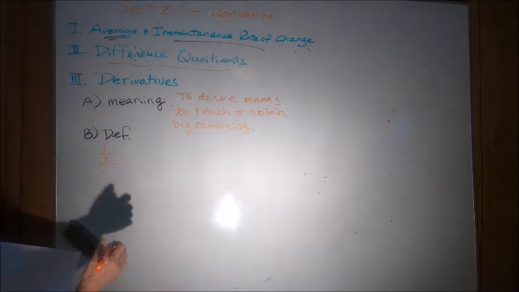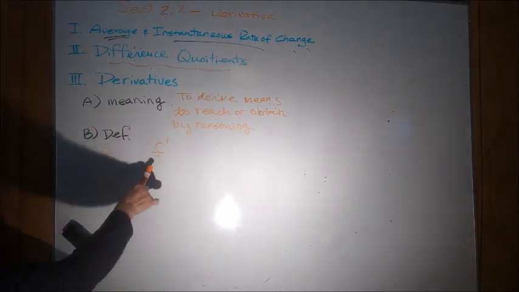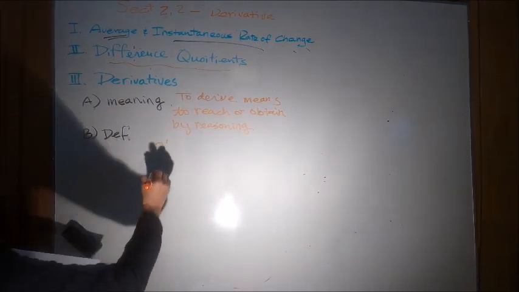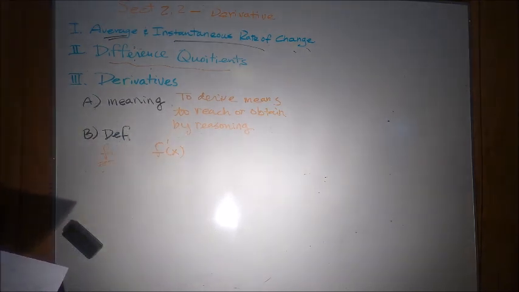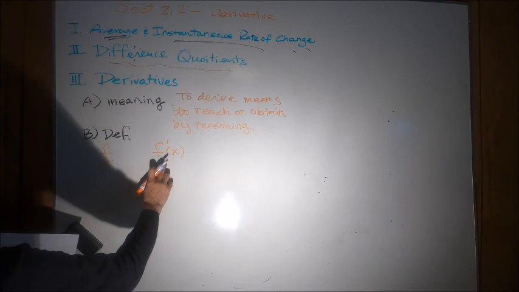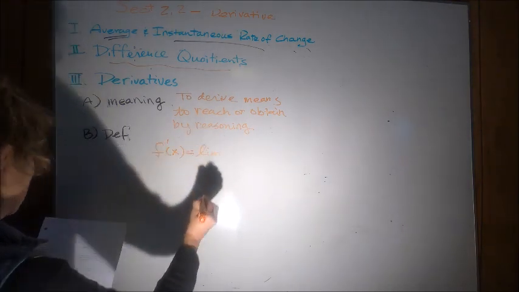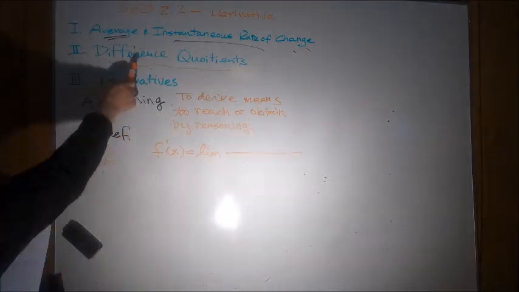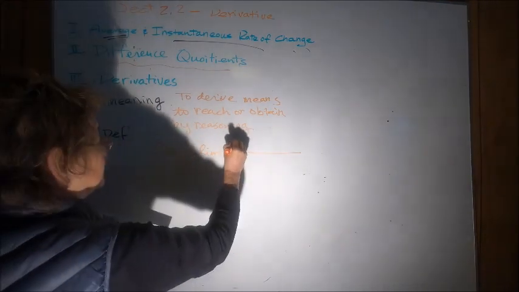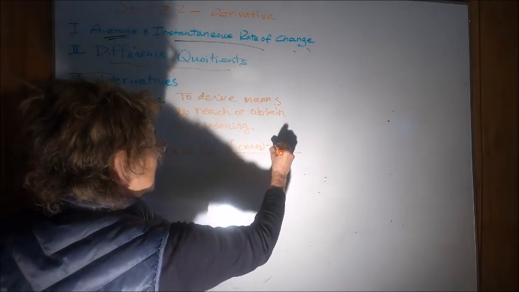We use the notation f prime of x. That's the symbol we use for the derivative. It means you take the limit of the difference quotient, f of x plus h minus f of x over h, as h approaches 0.